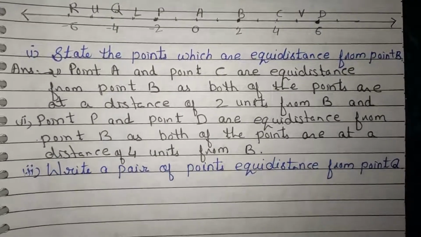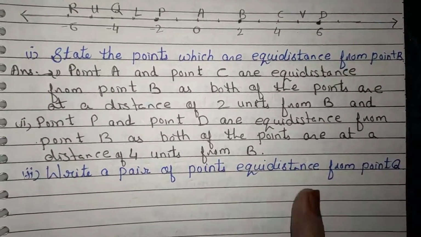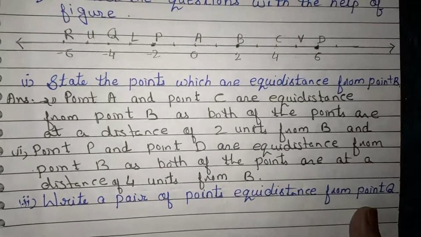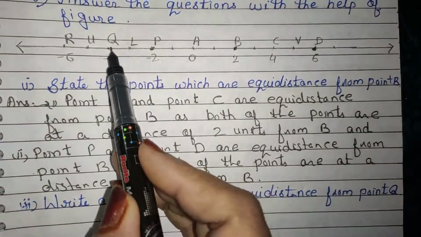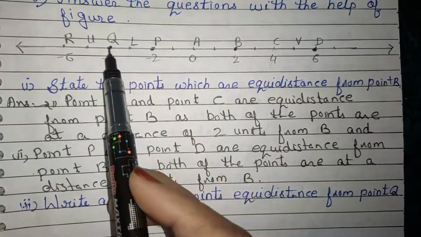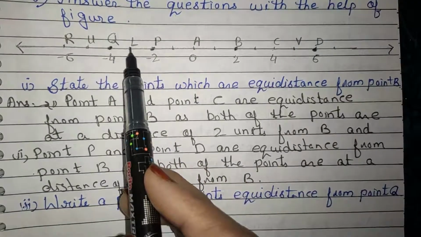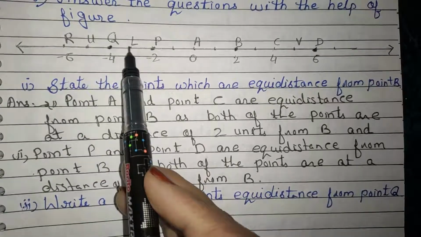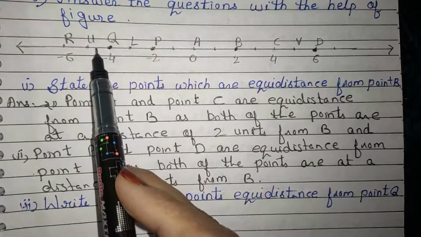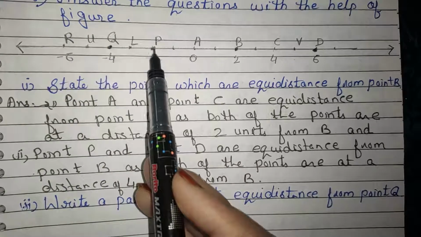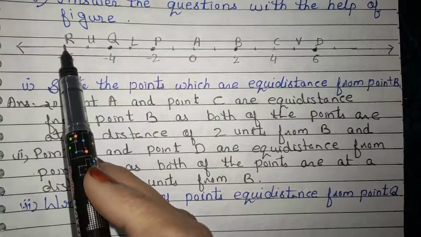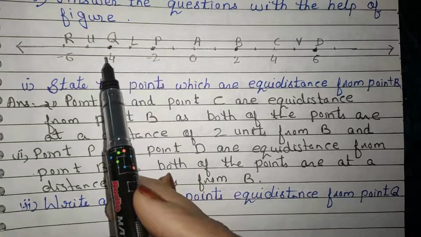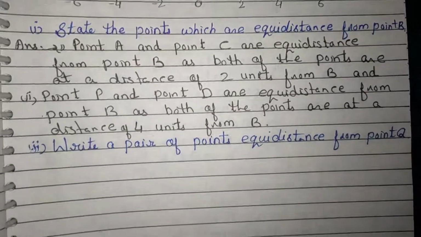Now next one, write a pair of points equidistant from point Q. Now look here, it is the point Q. Now the equidistant points are U and L, at a distance of 1 unit, and points R and P at a distance of 2 units. Therefore write down the answer here.